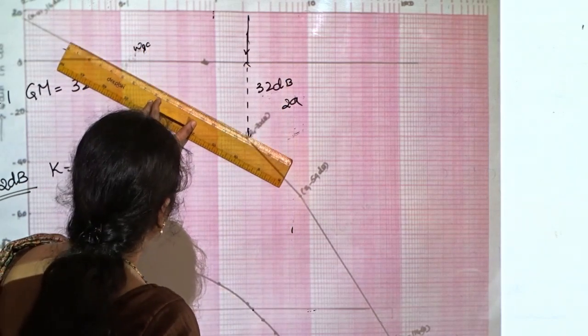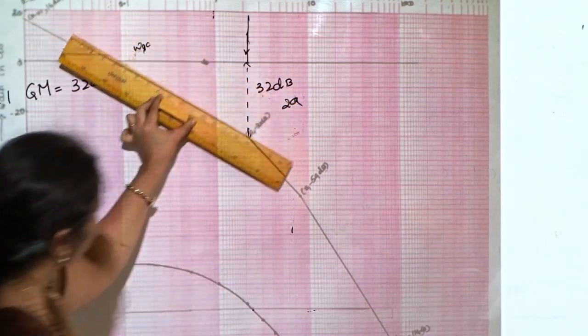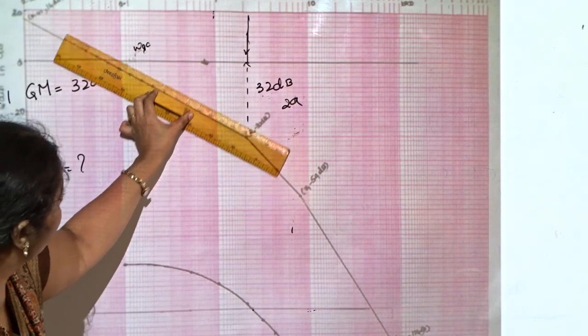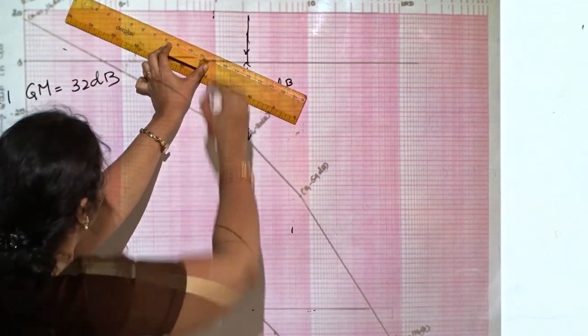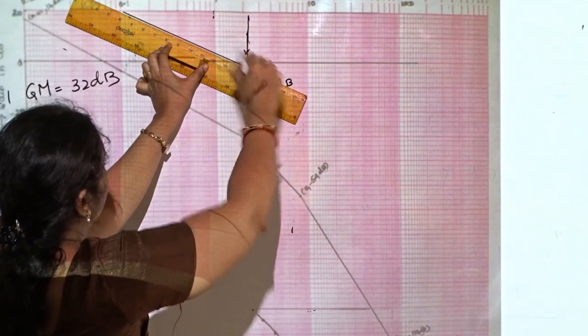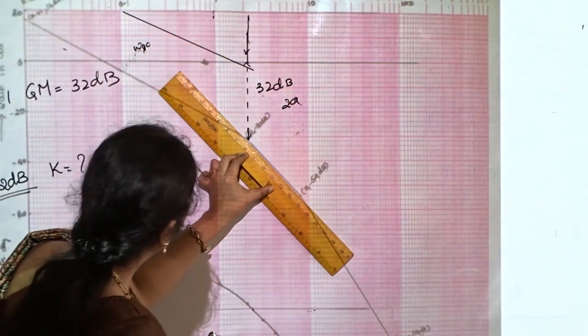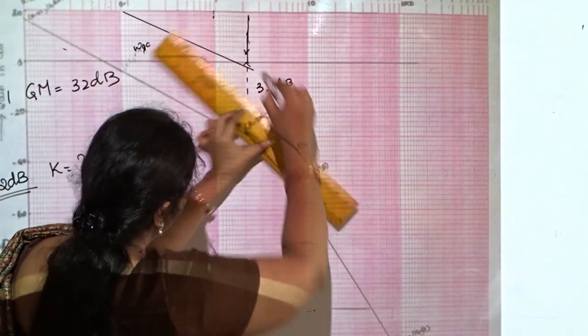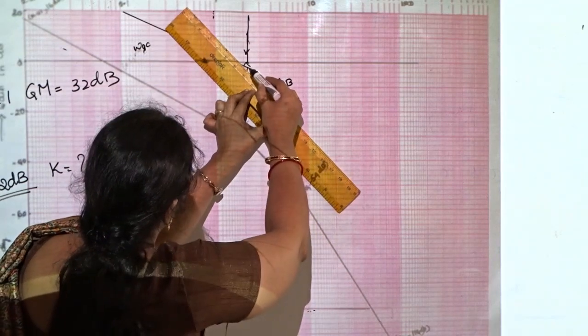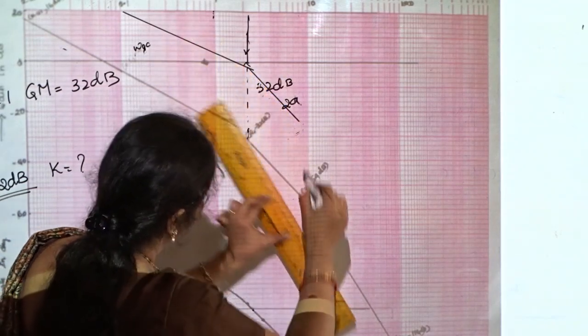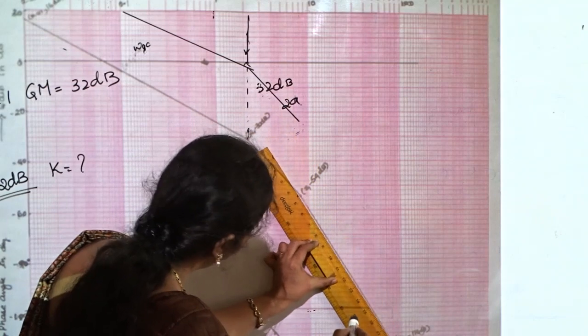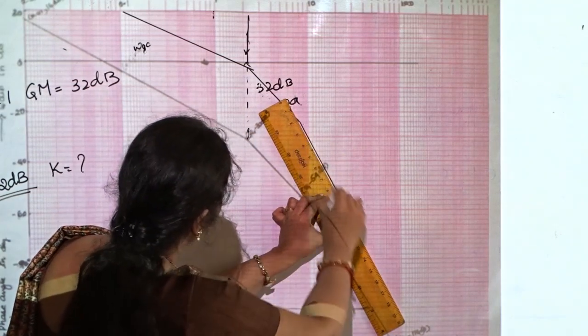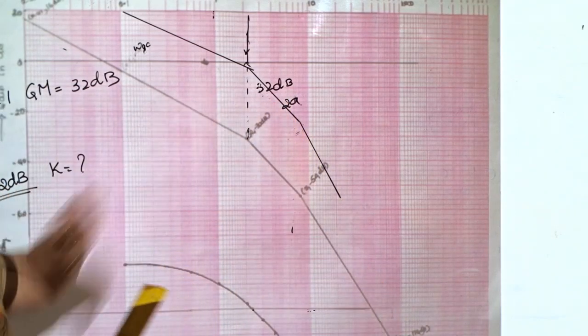Meaning, the total graph should be pushed up like this, and you have to draw a new graph with the same slope. This is the new graph.